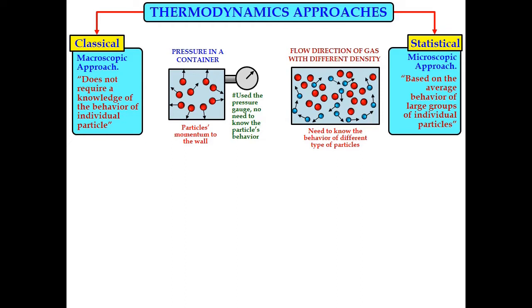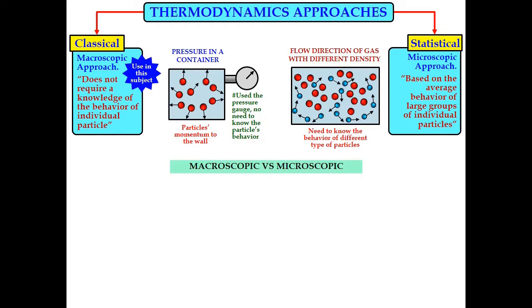That is the difference in terms of approaches between the classical and the statistical approach. However, throughout this subject, Thermodynamics 1, we will use the first approach, which is the classical approach. So there is no need to consider in detail the behavior of the different groups of particles inside the system.